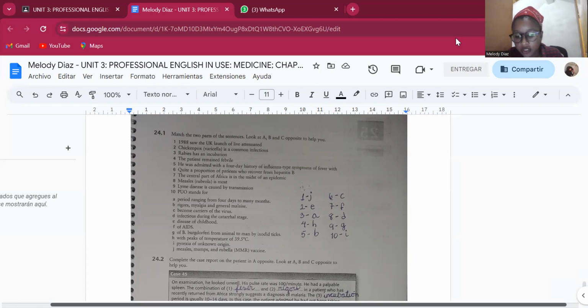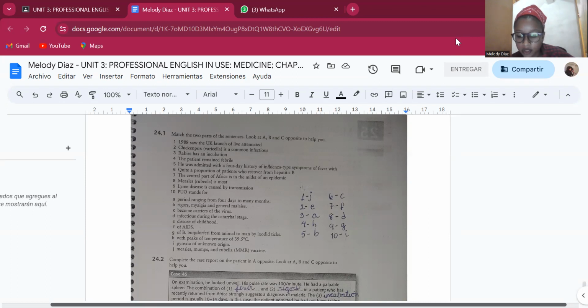Number 7, the central part of Africa in the means of epidemic. Number 8, measles, rubeola, is most. Number 9, Lyme disease is caused by transmission. Number 10, PUO stands for. Letter A, period ranging from 4 days to many months. Letter B, rigors, myalgia and general malaise.